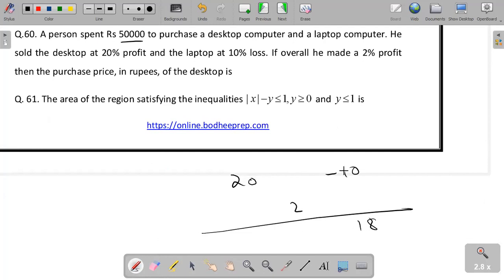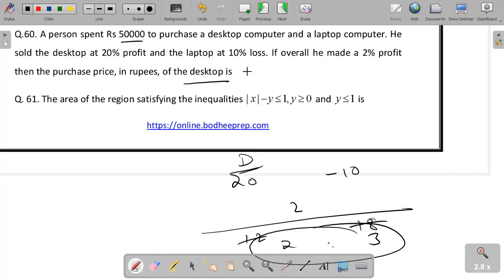This would be 18 and this would be 12, so 2 and 3, this is the ratio of the cost price. So total है तो ये 20,000 and 30,000, ठीक है.